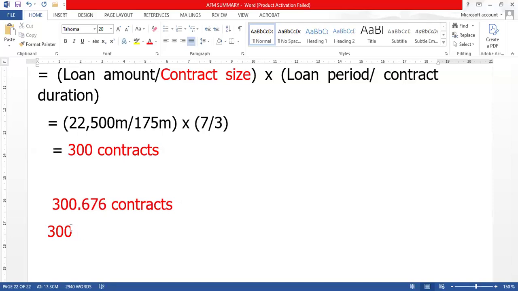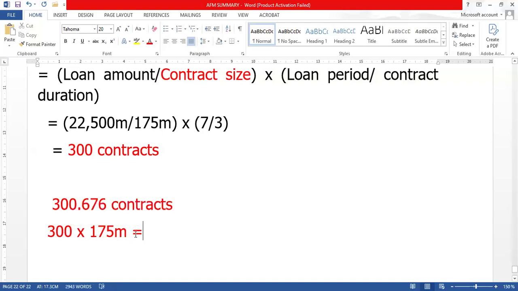So if you get 300 contracts times the contract size, that is 175 million, what do you get? I just want to explain what I was telling you. It means that your futures can cover only 300 contracts.